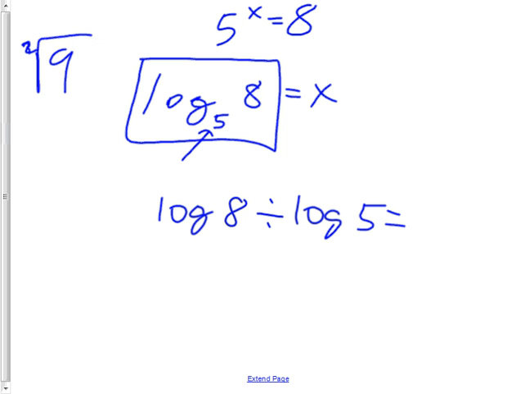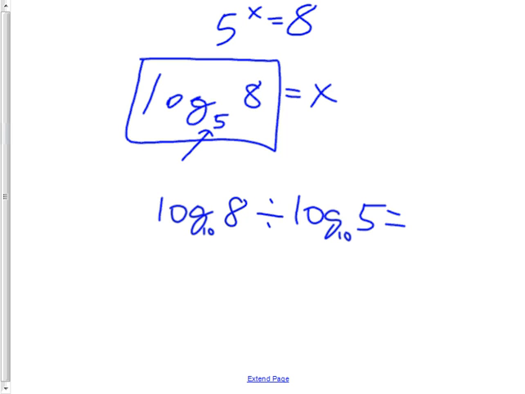Same idea. The most common base on logs is base, what do you think? 10. Log base 10 is the most common base. So they call it the common log. And that means that if you don't write a base, you mean base 10. And take a wild guess what your calculator defaults to doing. Base 10.